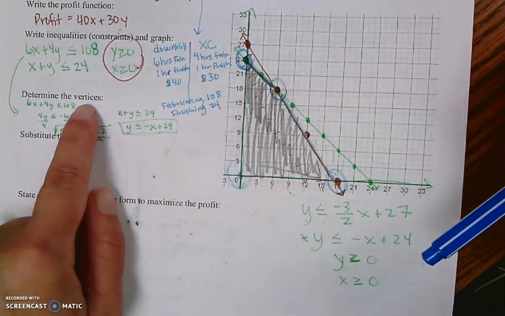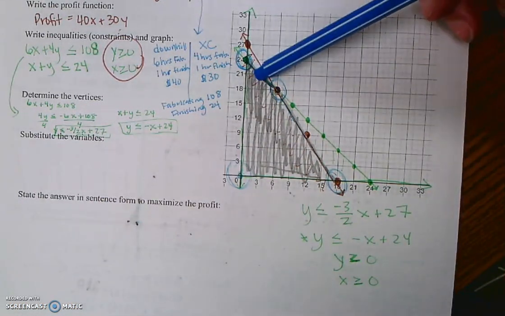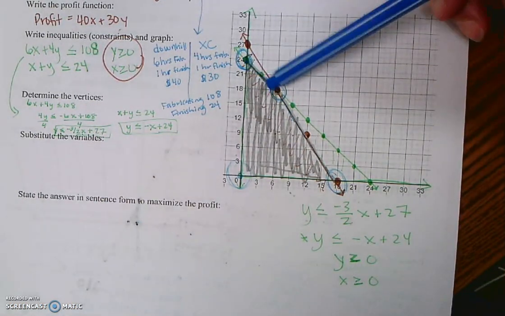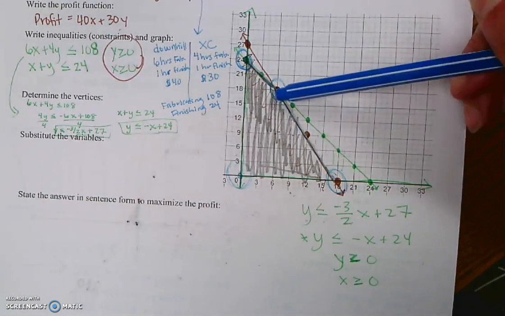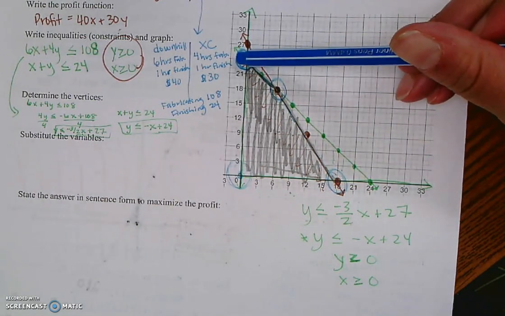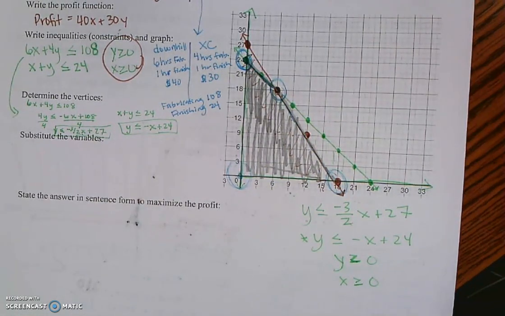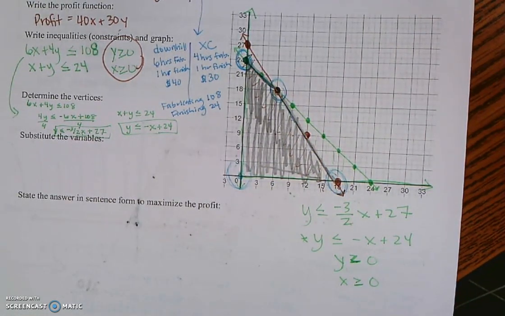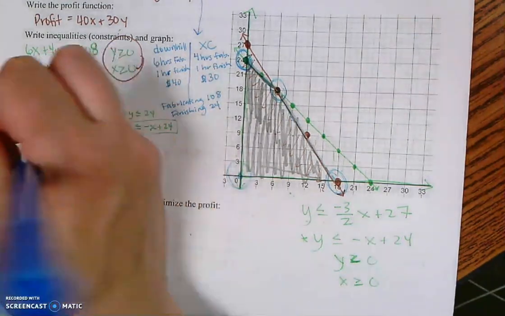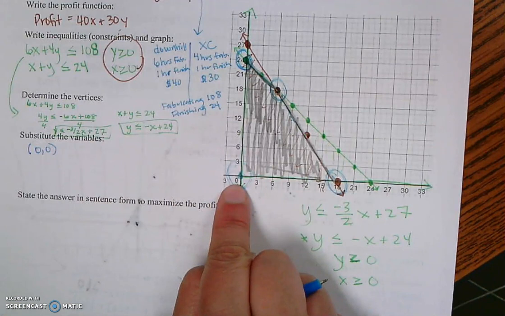Now, vertices are corners. So I don't care about this point right here because it's on a straight, and I don't care about that point because it's on a straight. The only points that we have to try as our possible combinations are corners. So I'm going to write down the 4 corners. 0, 0, which is down here.